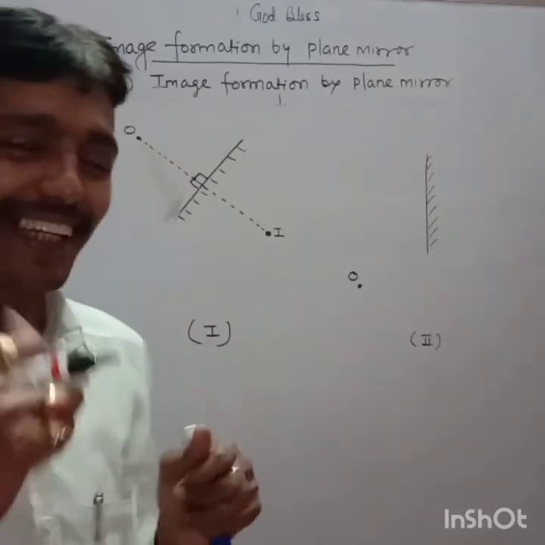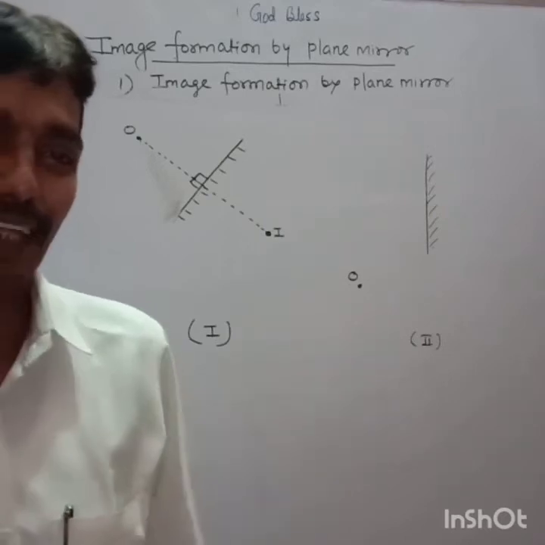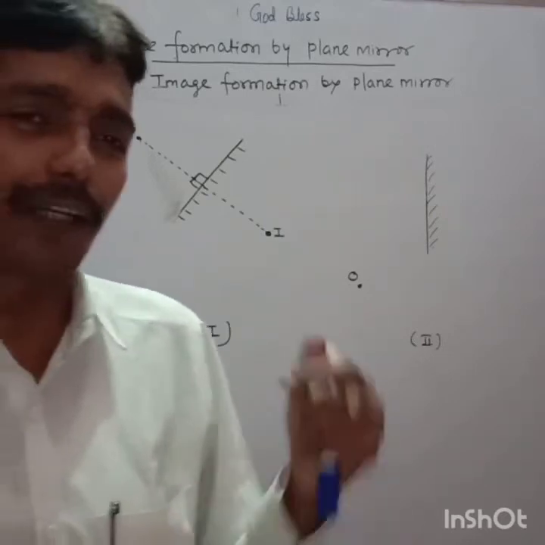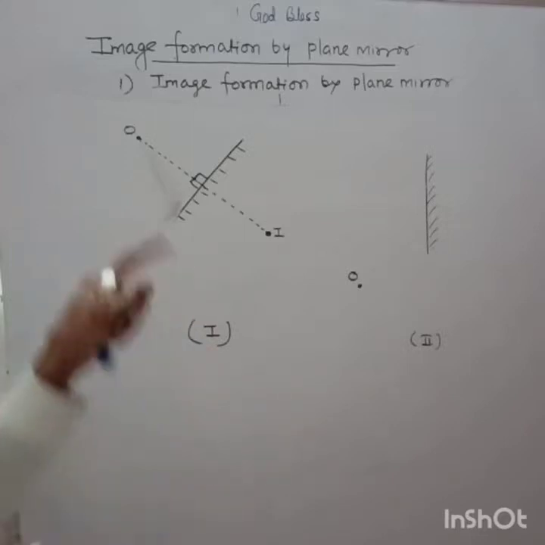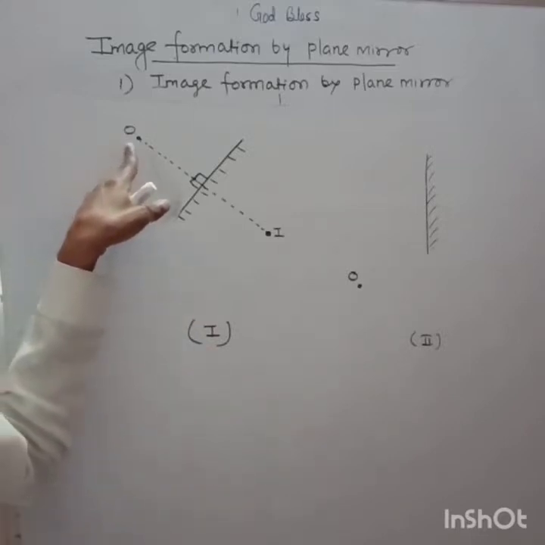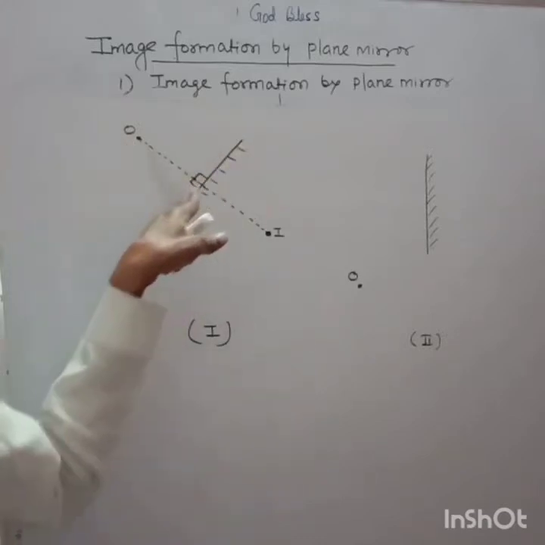How easy is this trick! I have already made the object and image, and so far I have not drawn any ray. Look at it, what a fantastic trick I am giving you. The point object is over here, and what I did first of all is draw the perpendicular on the mirror.